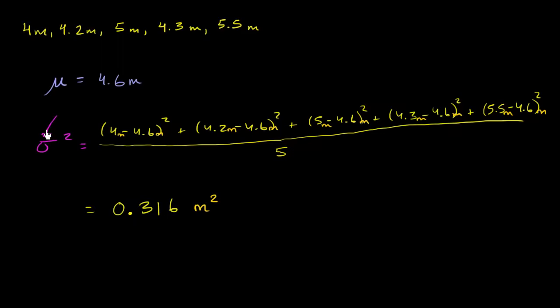So why don't we just take the square root of our variance, which we will denote with just a sigma? Makes a lot of sense. And in this case, it's going to be the square root of 0.316. And the units are going to be just meters.